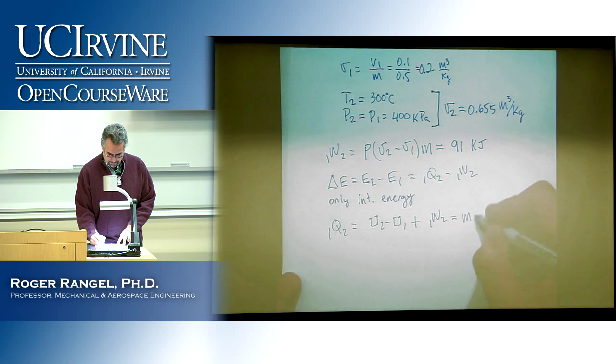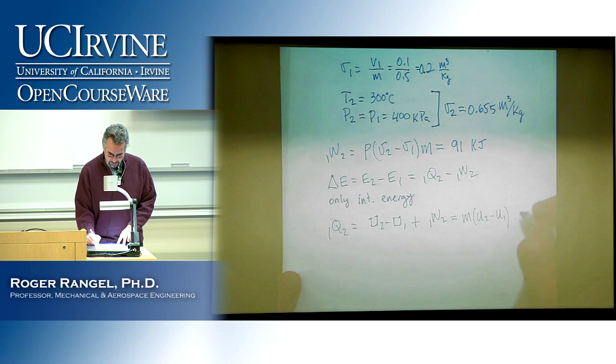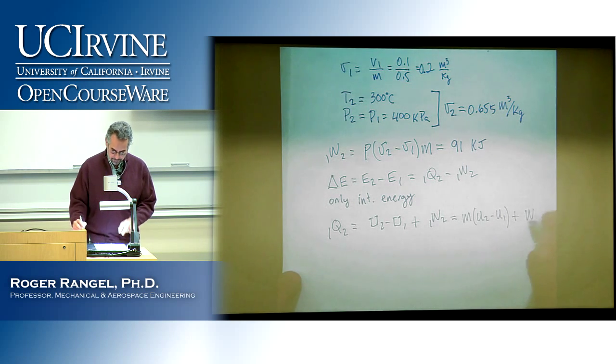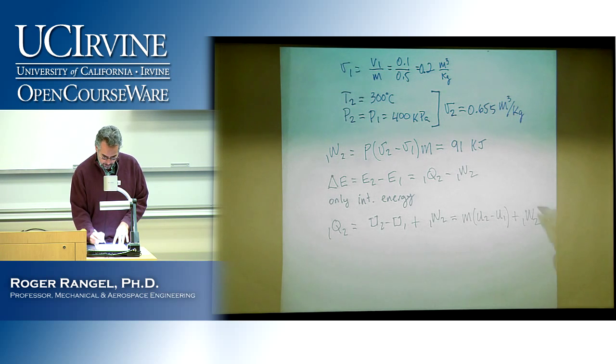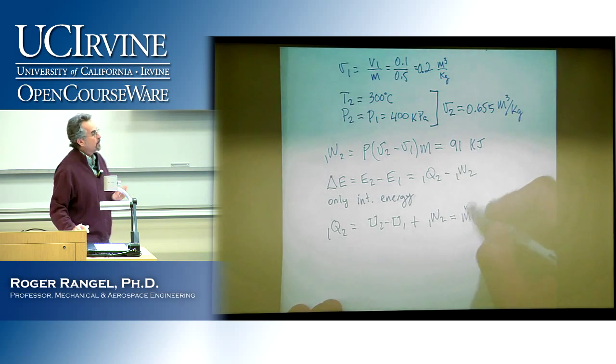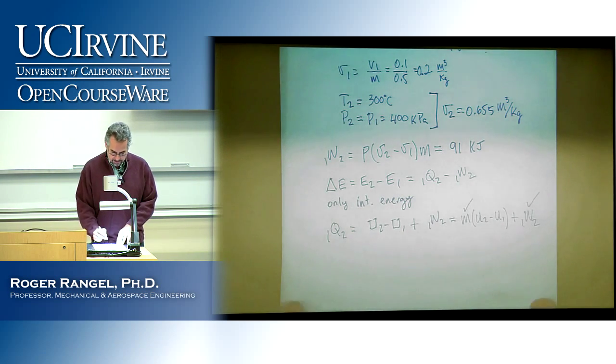So I will write m times lowercase u2 minus lowercase u1, plus W12. And again, we calculated the work. We have the mass, so we need U1 and U2. Let's start with the second one.